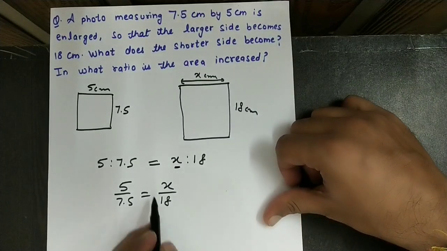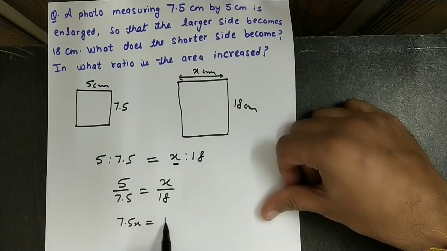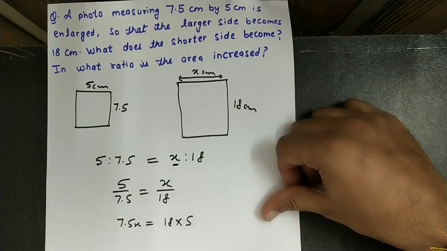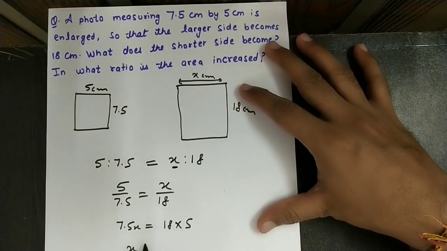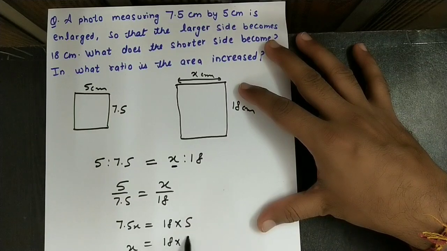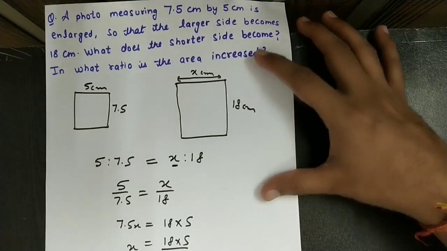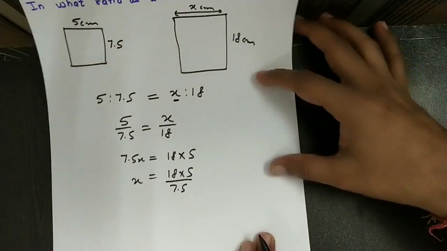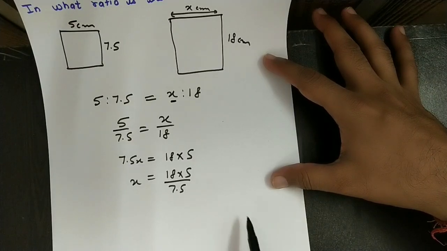Now if we cross multiply, it will be 7.5x equal to 18 into 5, and x equals 18 into 5 divided by 7.5.